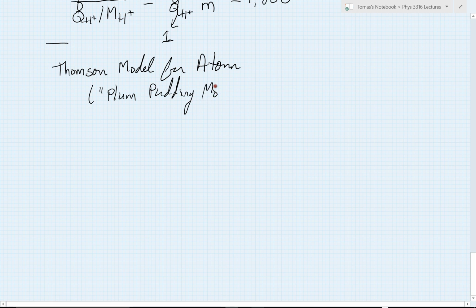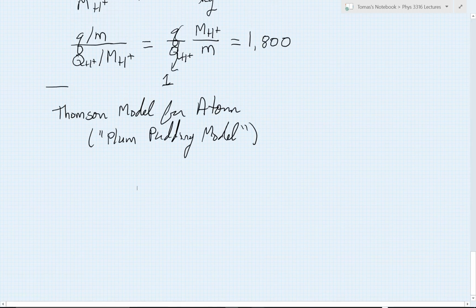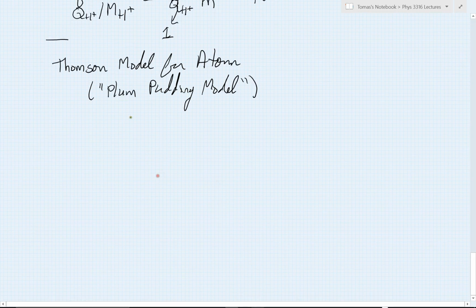And the idea went something like this. Because it seems that the remaining piece of the atom that's left before you extract these negative charges, that positive portion of the atom contains all of this mass. There's good reason to think that those atoms must be rather large compared to the electrons. So in his plum pudding model, the atom consists of a large positively charged sphere.